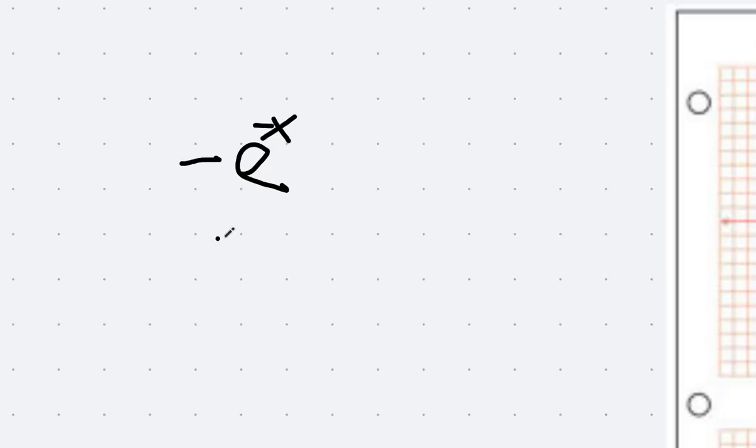Let's do negative e to the power negative x. We don't need to do much more complex things here, since it's basically the same concept, so we don't have to include h and k. I just want to show you a different type of problem.